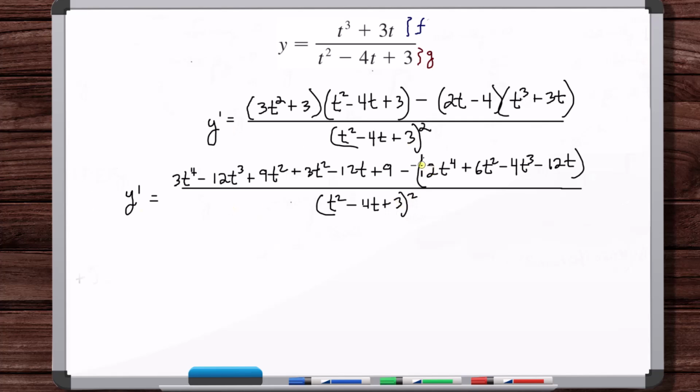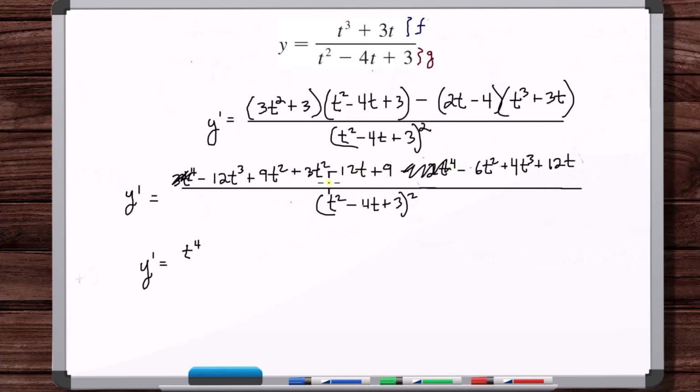So now let's distribute this minus here. So we're going to have that minus, then minus, plus, plus. So minus, plus, plus. Okay. So we've got what? 3t to the fourth minus 2t to the fourth is just t to the fourth.